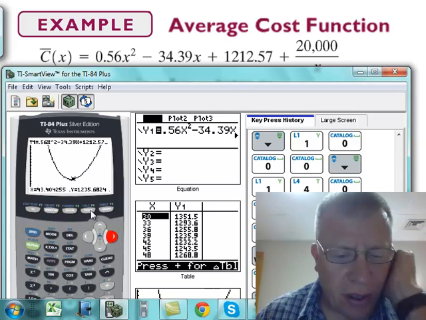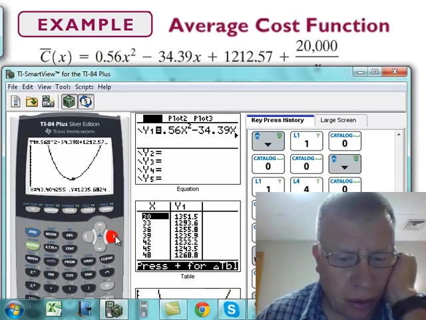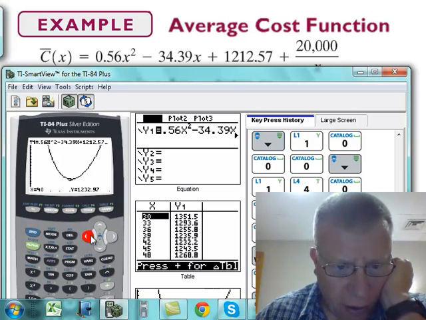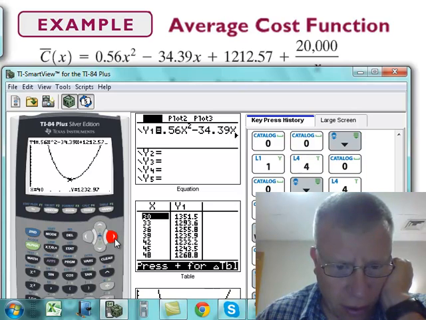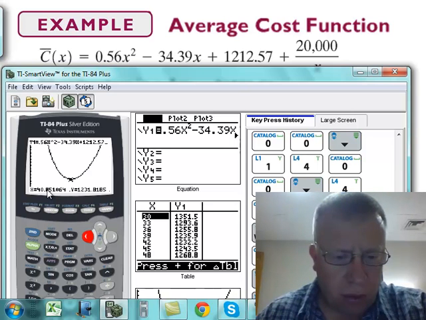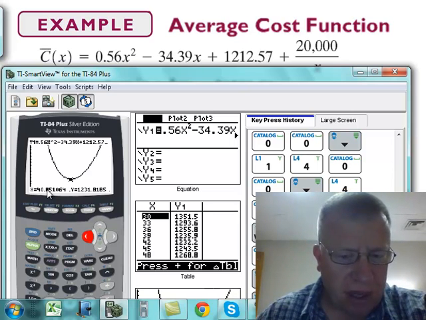So you can keep on hitting your left arrow and then maybe your right arrow to kind of go back and forth to see if you can minimize this cost. So it kind of looks like it bottoms out when you have about 41 or so computers per day being manufactured.